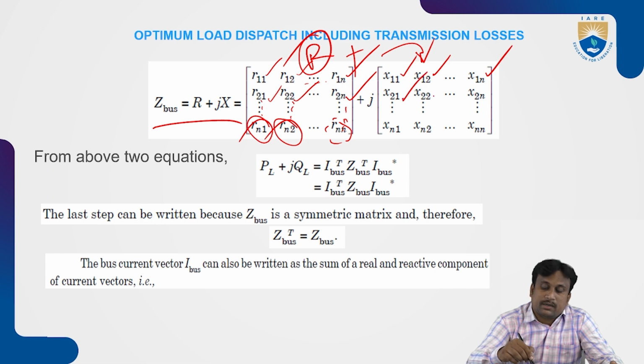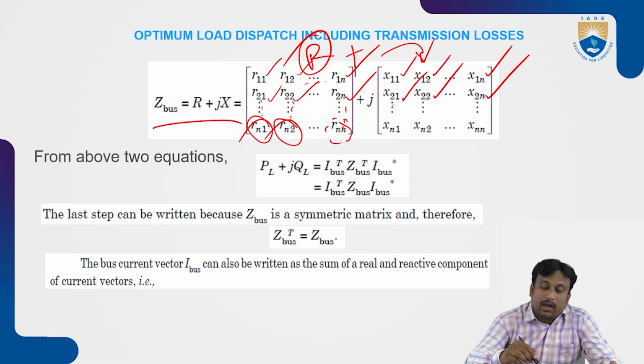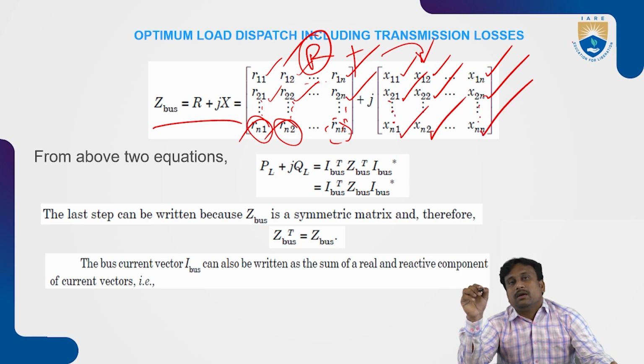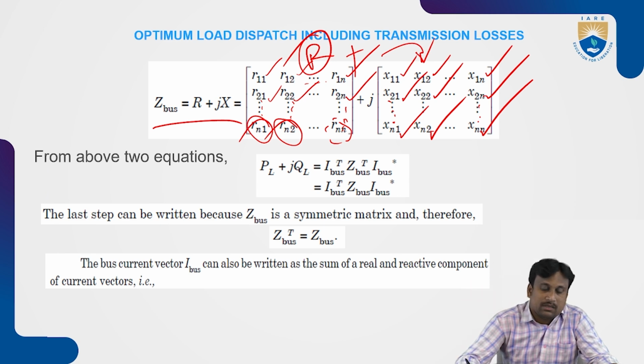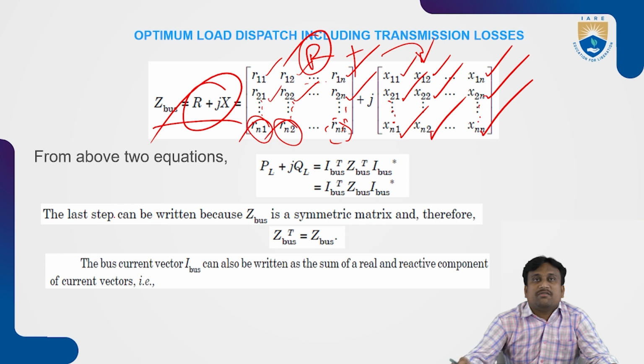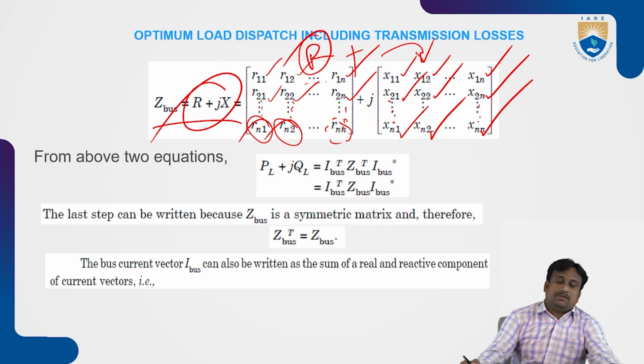Similarly, X21, X22 up to so on X2n. And this ends at Xn1, Xn2 up to Xnn. So likewise, the matrix will be followed as Z bus, which is the combination of R plus jX. So this is complex in nature.